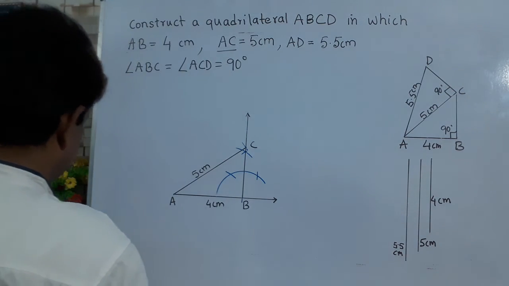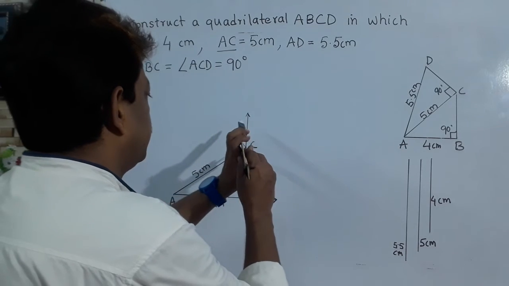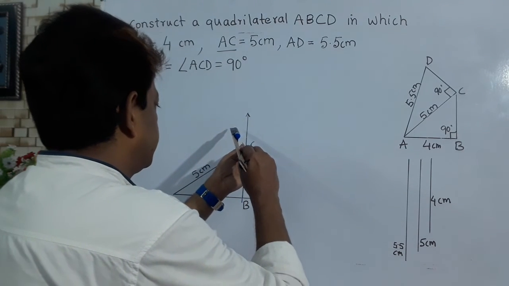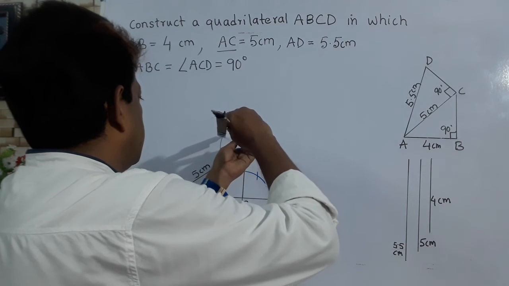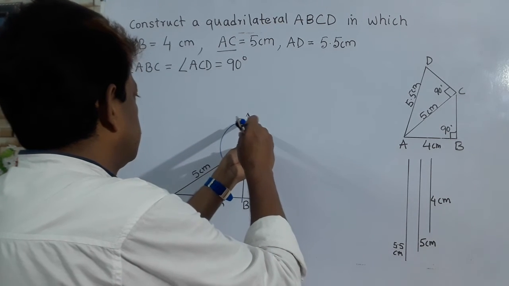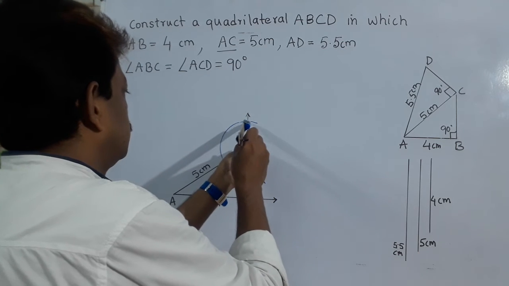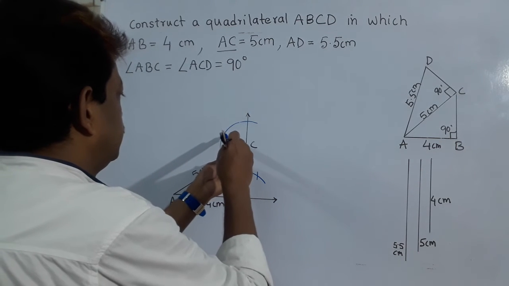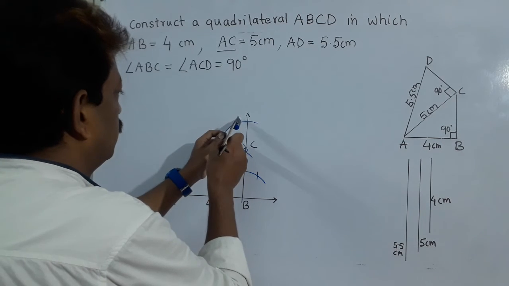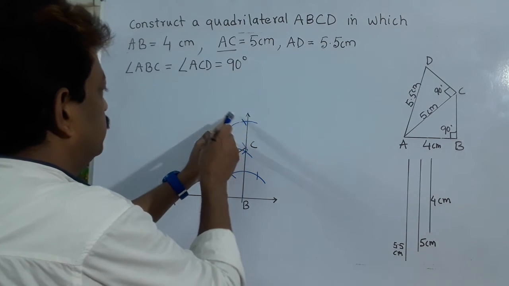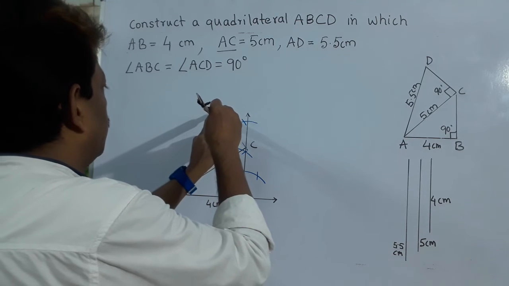So again using the compass we have to draw this angle 90 degree, placing the compass at C, and with any radius an arc is drawn. First 60 degree and then 120 degree and then 90 degree.